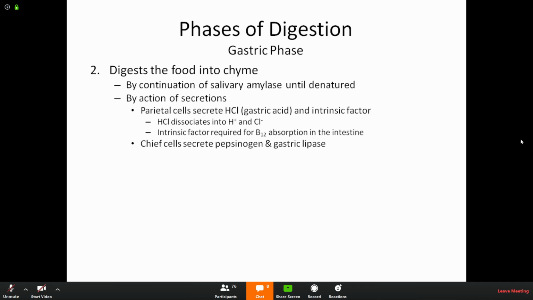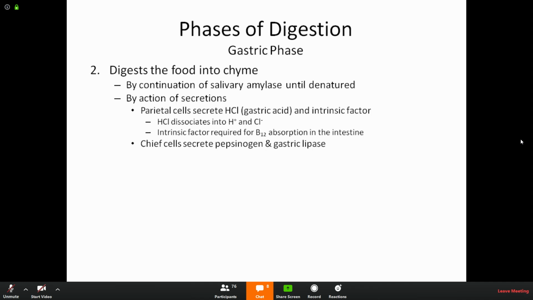Then there are chief cells, or peptic cells. Chief cells secrete pepsinogen and gastric lipase. This pepsinogen helps in breakdown of the proteins. Pepsinogen is converted into pepsin by the action of hydrochloric acid.